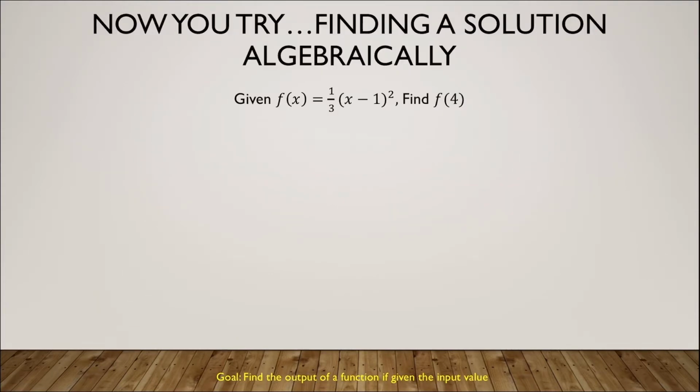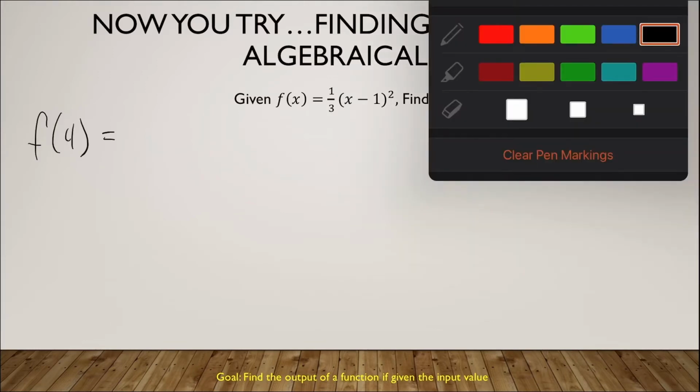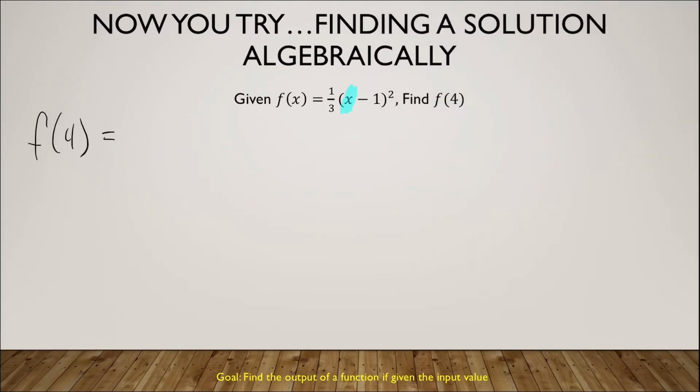Okay, now you try. Pause the video, get this written down, work on it, and then check the video for solutions. Okay, so we're going to do f at 4. Anywhere I see that x value, which is only one of them, I'm going to replace it with a 4. So I get 1/3 times 4 minus 1 squared.